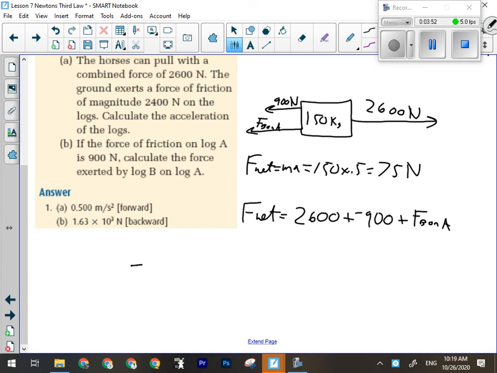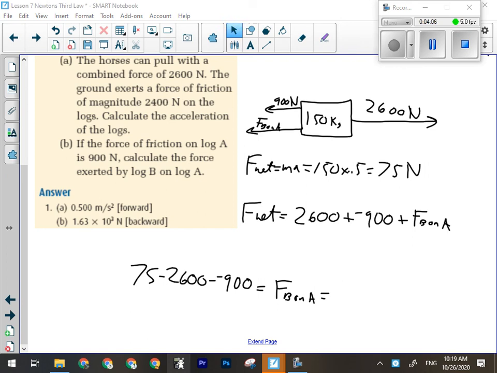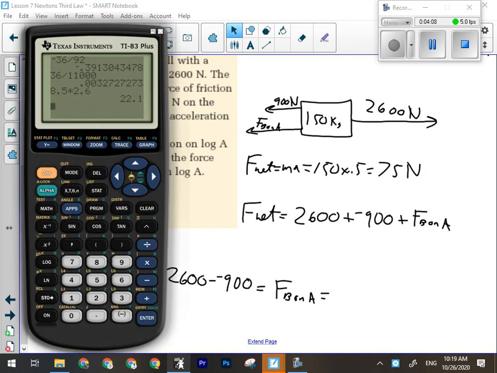So my net force is 75 newtons minus 2,600 newtons minus negative 900 newtons equals the force of B on A. So I've got 75 minus 2,600, because those are both forward, minus negative 900, that one's backwards, which leaves me with 1,625 newtons backwards.